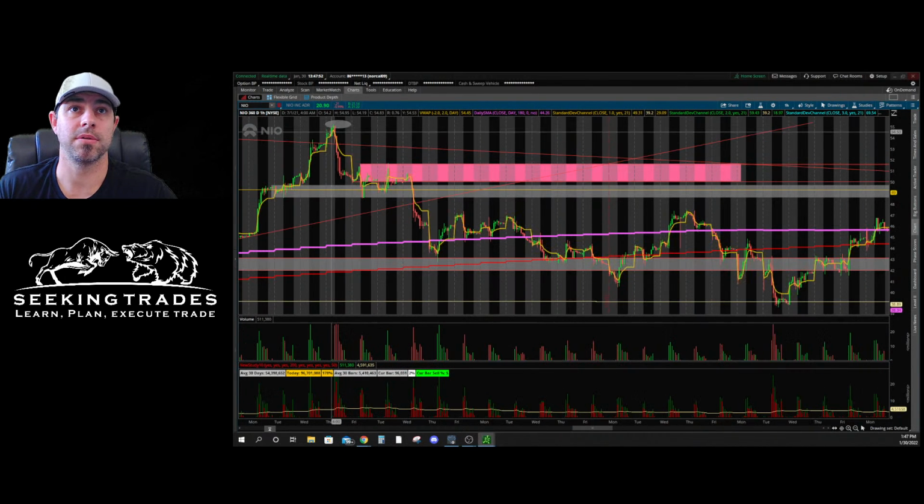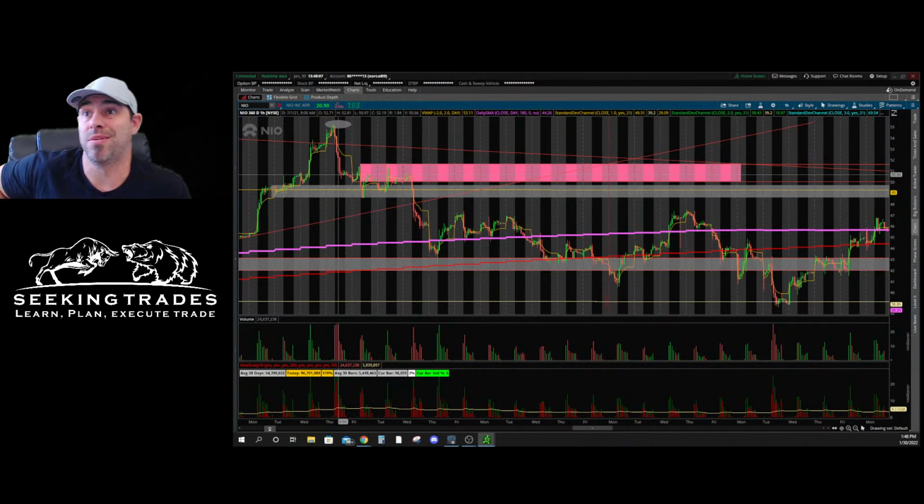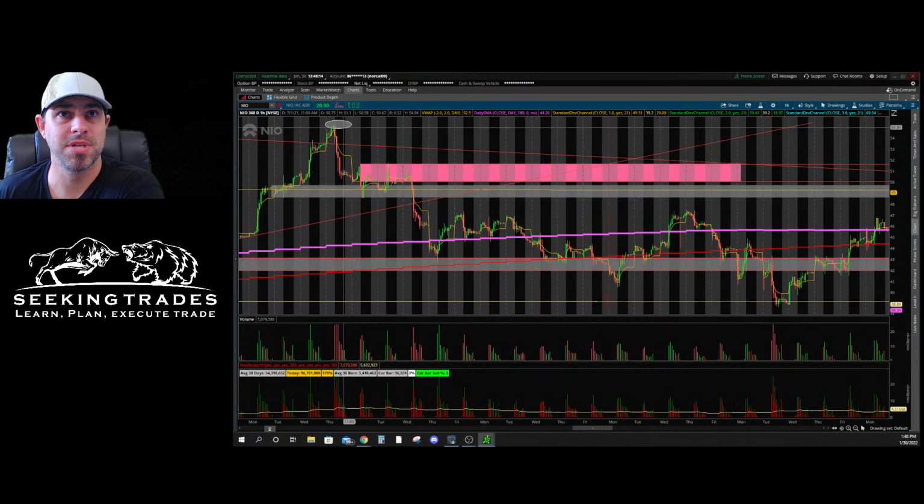Or not a wick, but just a nasty top here. And then just a big sell-off day. I mean, I'm talking, let's see here, roughly 55 down, a $5 drop in the stock, which is roughly 10%. So almost a 10% drop in one day.